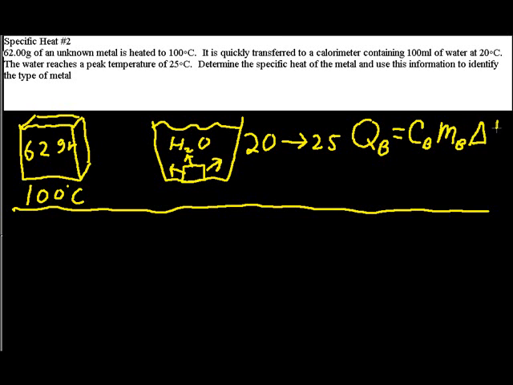Now the reason why we want to work with this is you will notice the problem is asking for the specific heat value of the block. So this is what we want.